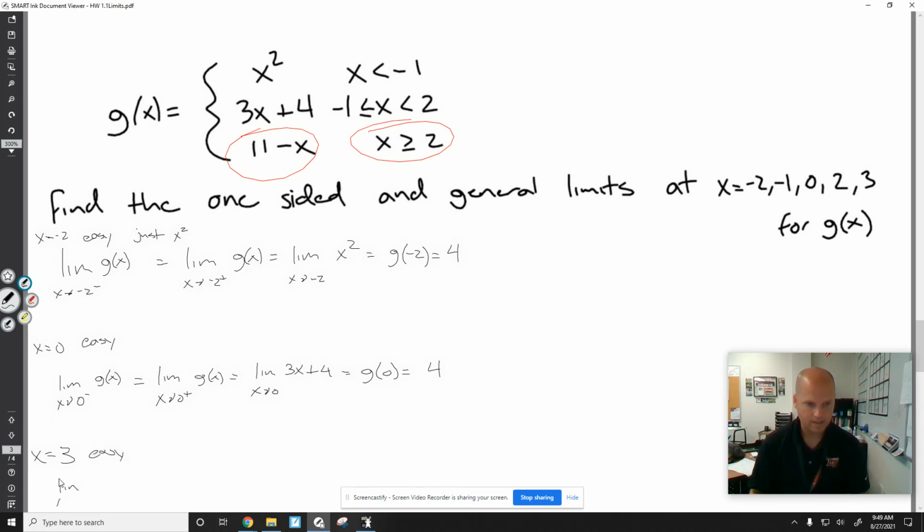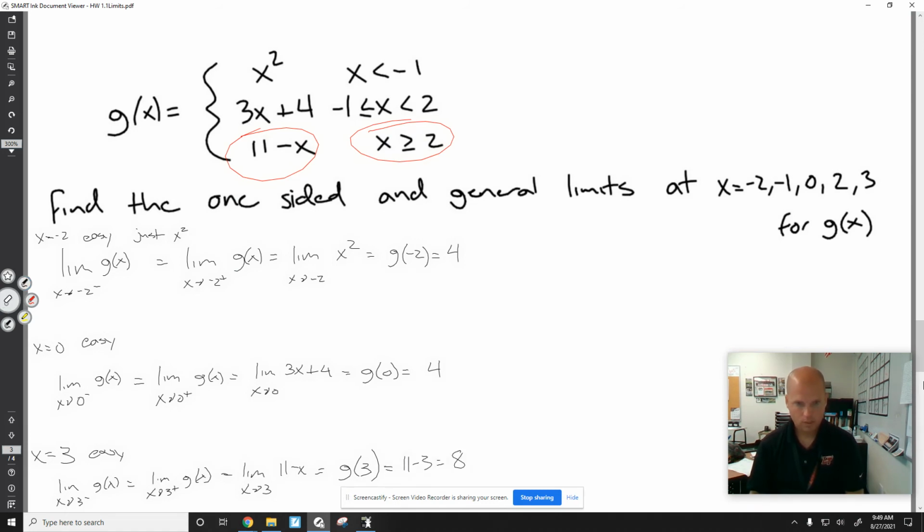The limit as x approaches 3 from the left will equal the limit as x approaches 3 from the right, which equals really the limit as x approaches 3 of 11 minus x. To find that limit, since it's nothing crazy, no jumps, no asymptotes, I just need to plug in 3 into 11 minus x. Maybe I'll show that step.